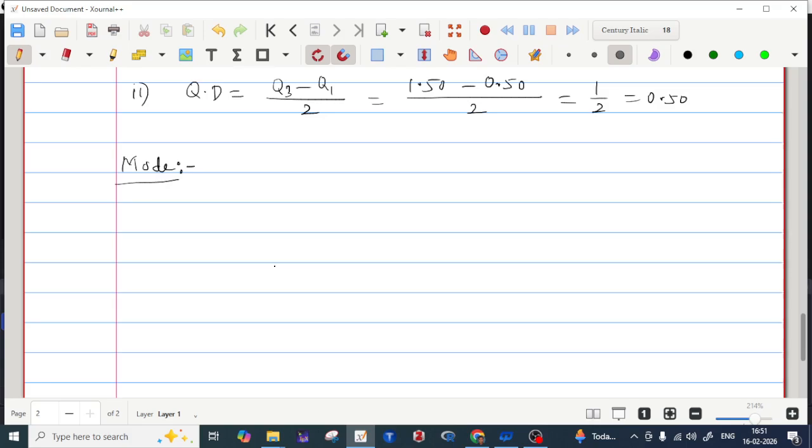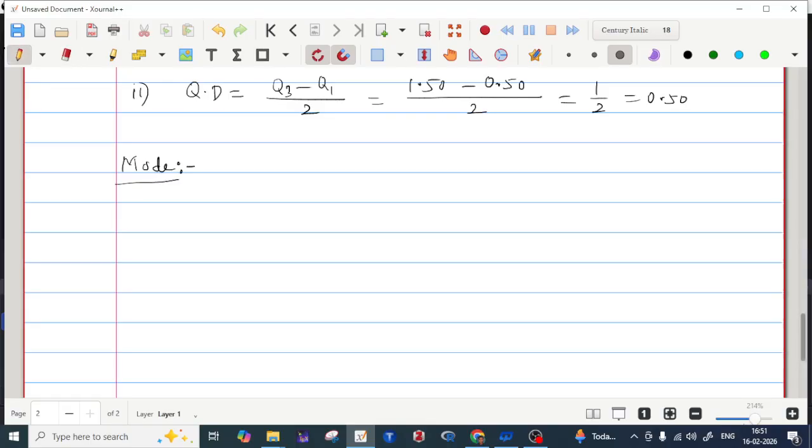For a discrete probability distribution, x and p of x, we say that the value of x is the mode for which the probability is maximum.